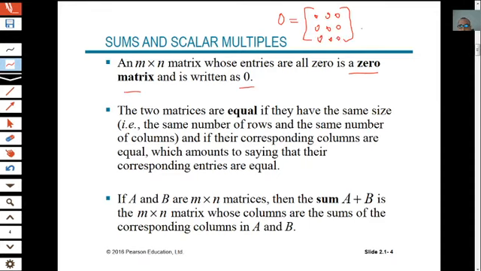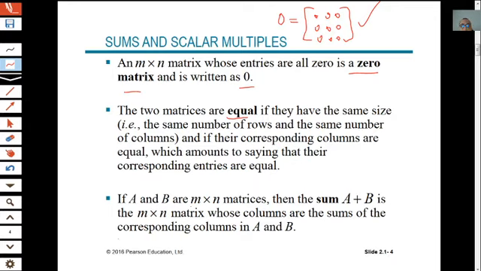Two matrices are equal if they have the same size, the same number of rows and the same number of columns, and if their corresponding columns are equal, which amounts to saying that their corresponding entries are equal. This means that all entries should be equal to each other for two matrices in order to say that they are equal.